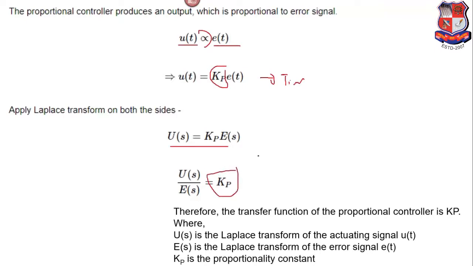Now we have to get the value of Kp. Basically we have to create the transfer function. What is the need of the transfer function? We have to draw the block diagram by using the transfer function, so ultimately we have to know what the output is and what the input is. In this case the actuating signal is U(s), and this is my error signal.